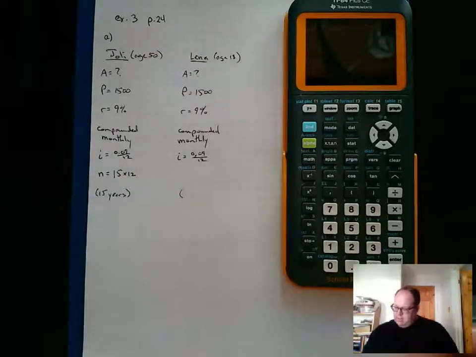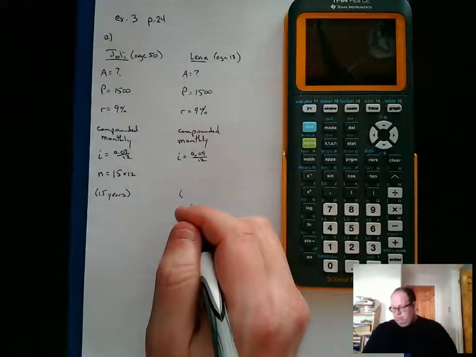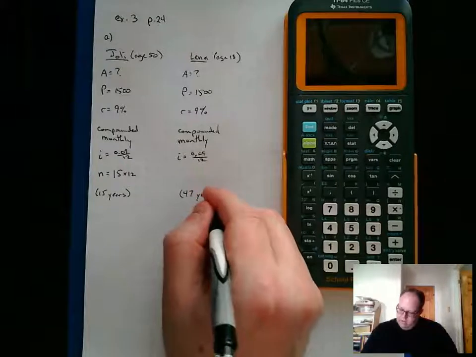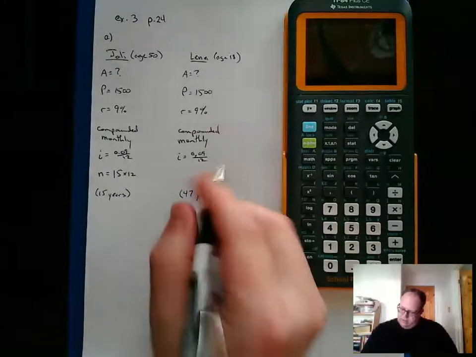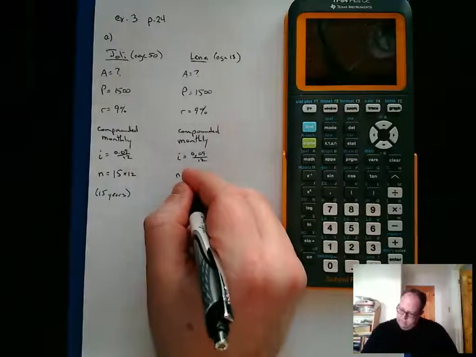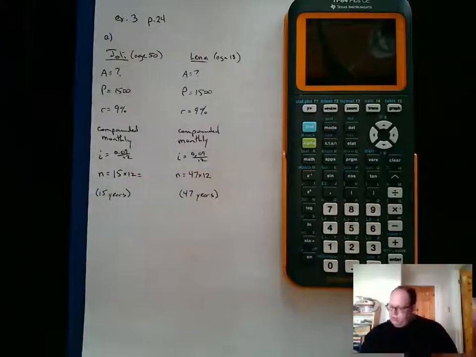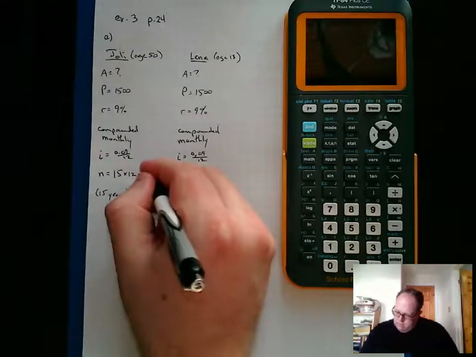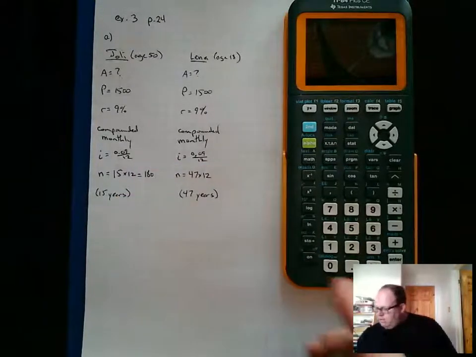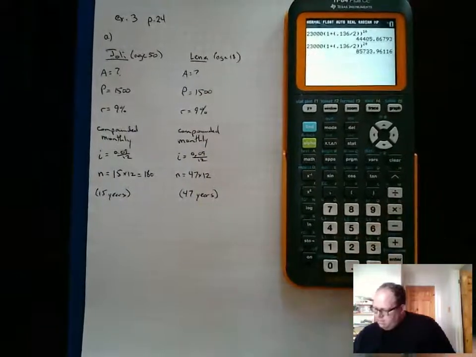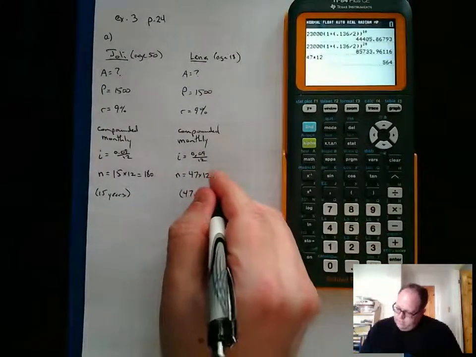Whereas Lena, to get up to age 65, is going to be investing for 47 years. So she'll be investing for quite a bit longer. 47 times 12, I'm not going to do in my head. 15 times 12 is 180. 564.